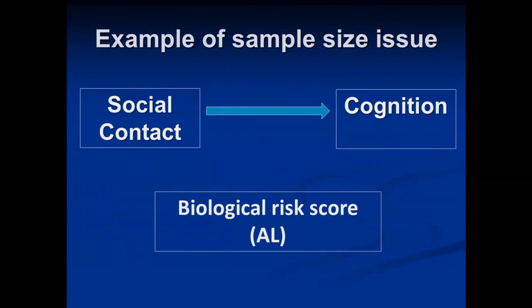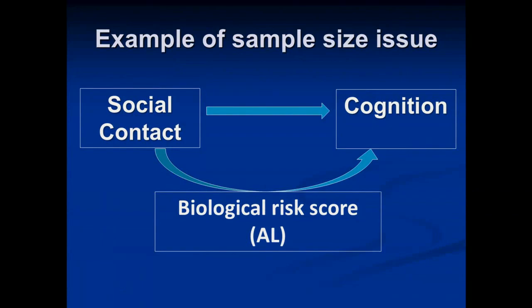So if that's part of the pathway, the way social contact affects cognition is through this measure of biological risk. The measure includes metabolic measures, cardiovascular measures, and inflammatory measures, and it's an overall score, which I'm not going to get into. So how do you think you would do this?